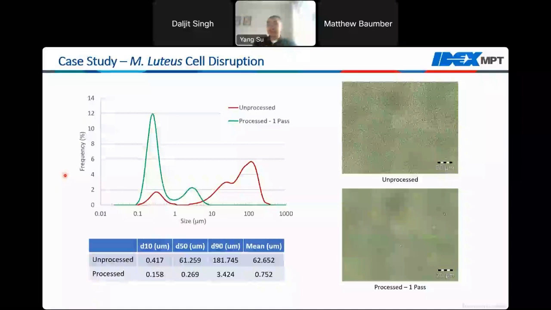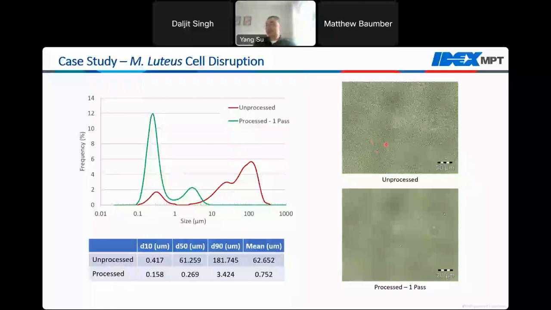Again, this example illustrates how efficiently we can use the microflash technology to perform cell lysing for these cells. You can see before processing, the microscope image here shows all the intact cells.